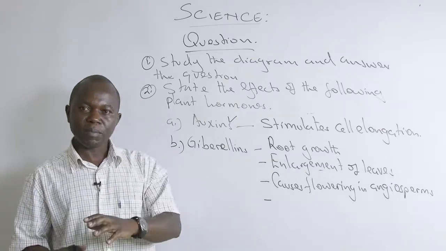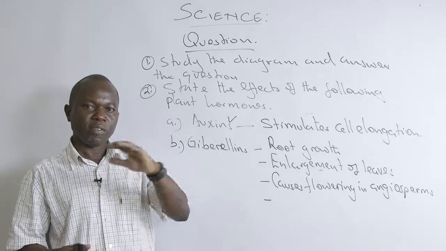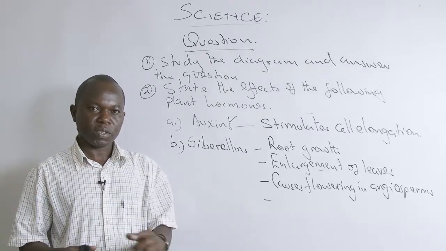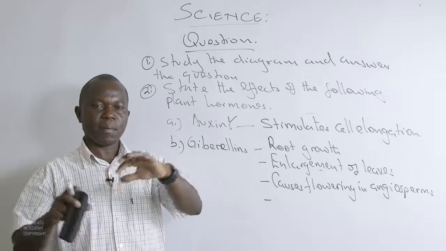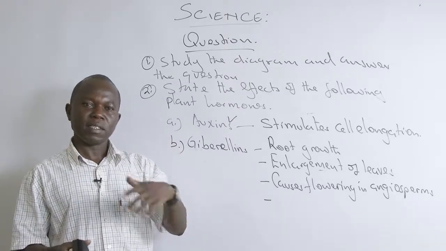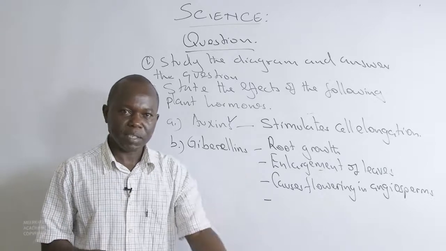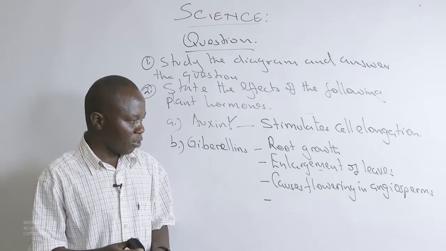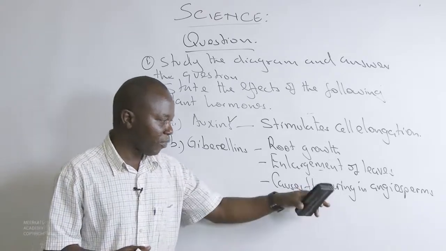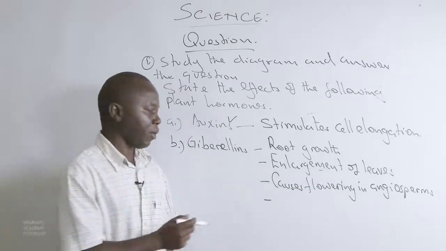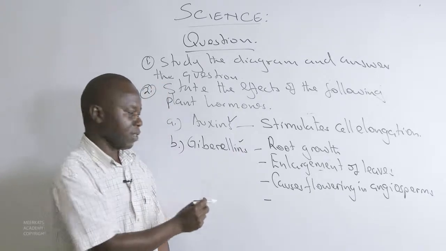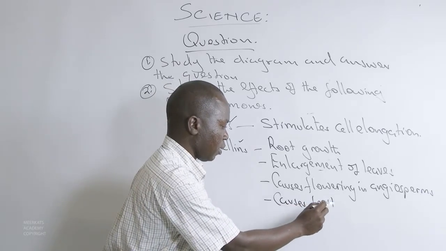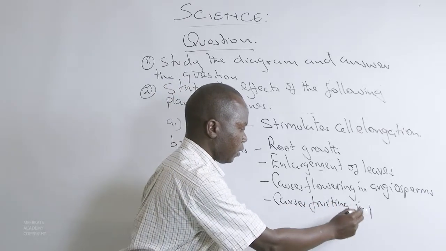After flowers have been formed, there will be pollination, fertilization, and then fruit formation, seed formation. When a seed is dispersed from the plant, it will again germinate into another plant. So flowering is a very important part of the cycle. After flowering, there is fruit development. So again gibberellins come in, causing fruiting in plants.